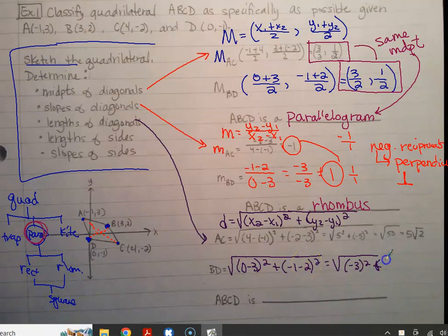Negative 3 squared. So what's negative 3 squared? Negative 3 squared is 9. So this is the square root of 9 plus 9, which is the square root of 18.